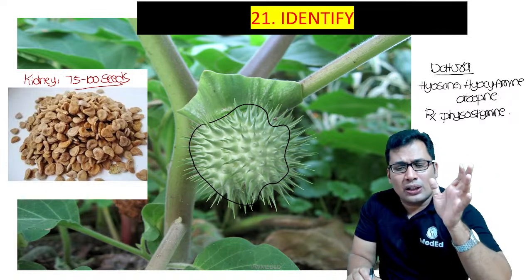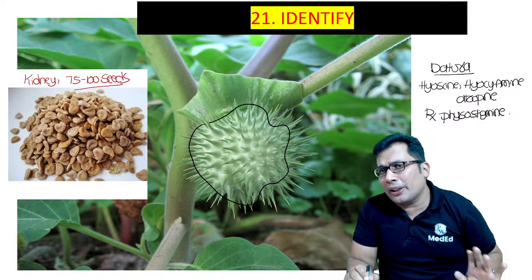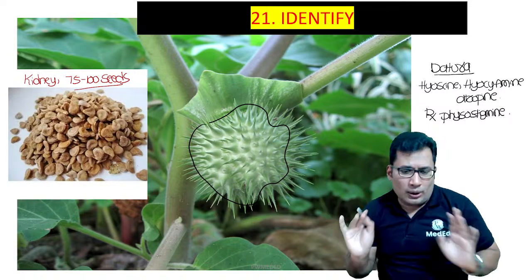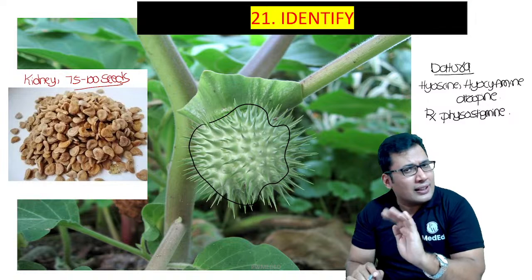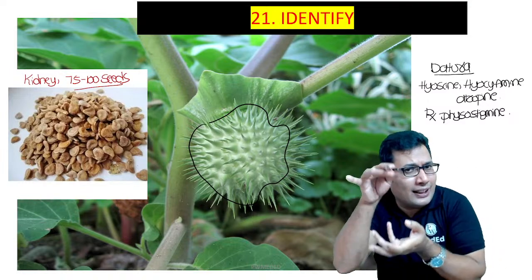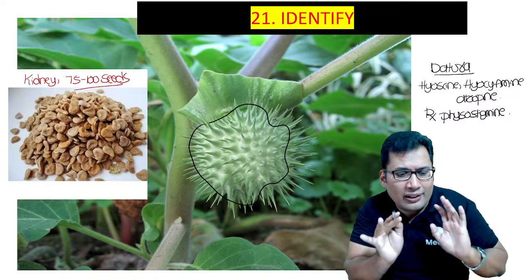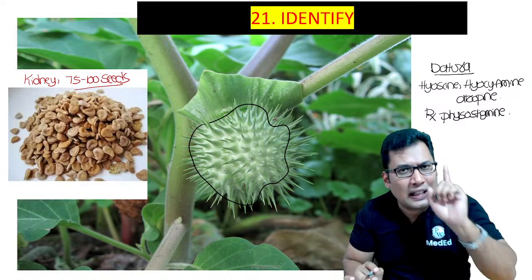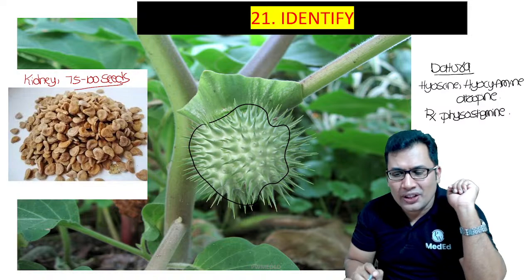So this is Datura, a very commonly asked topic in your FMGE exam. You must know it in and out. Datura is also known as thorn apple because of the spiny projections over it. It contains multiple seeds. Fatal dosage is around 100 seeds. Treatment of choice is physostigmine.